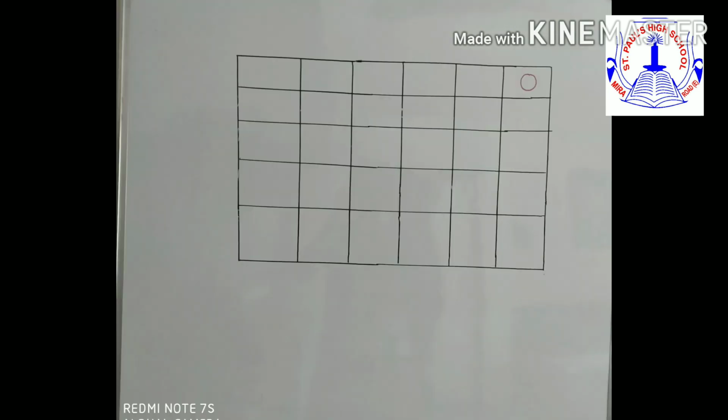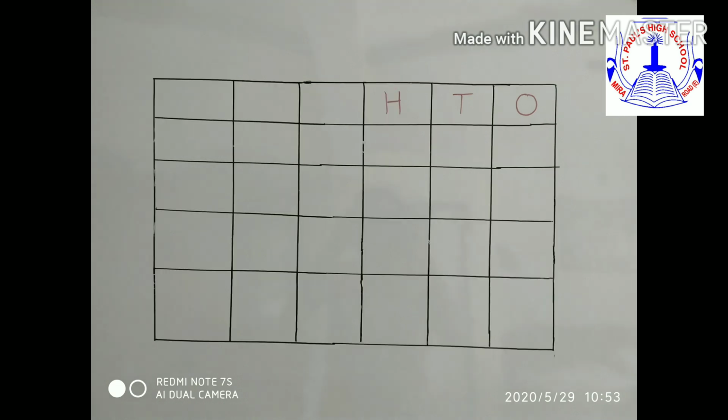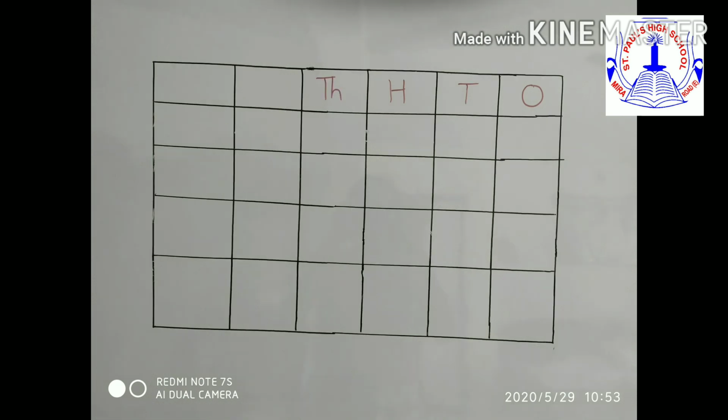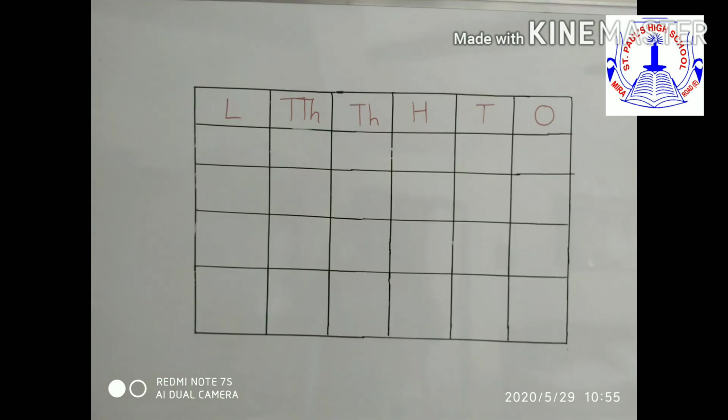Draw the column and write ones, tens, hundred, thousand, 10,000 and lakh.